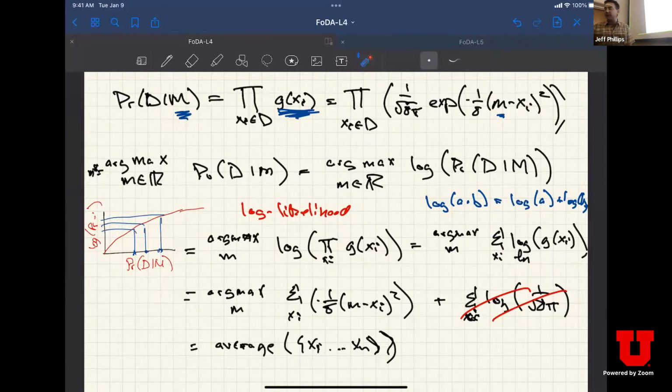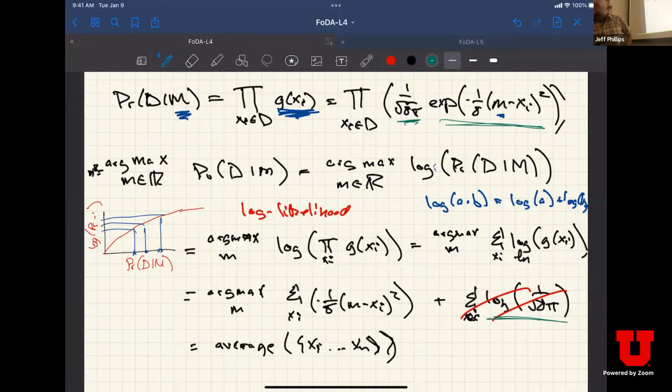And the nice thing is now the log is being applied to this expression here, and there are two parts to it, a product of two things, right? The first term is the coefficient in front. That coefficient does not depend on m, and that gets moved over here.